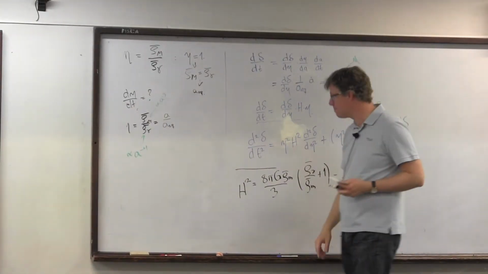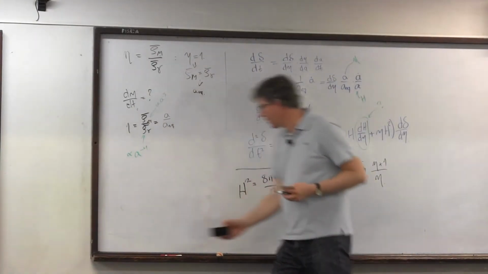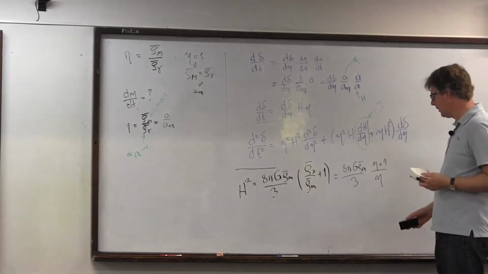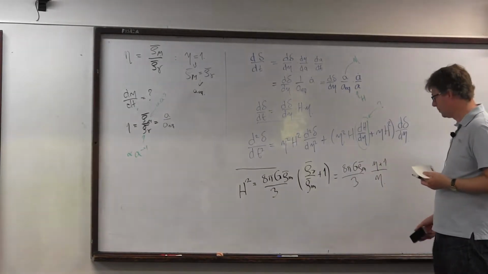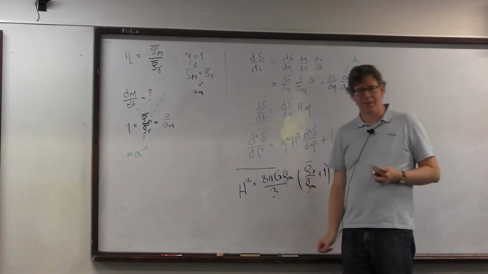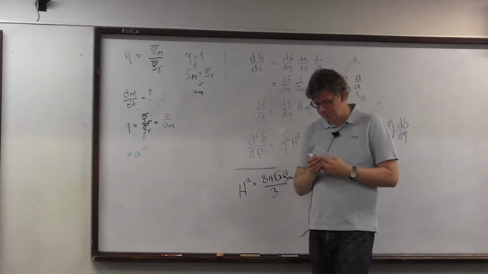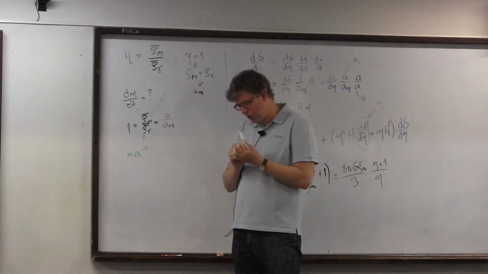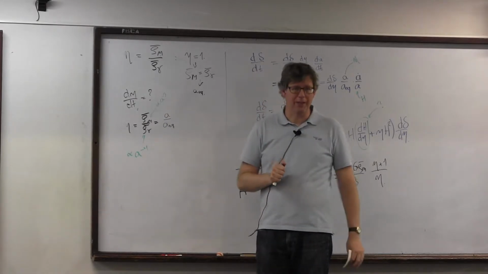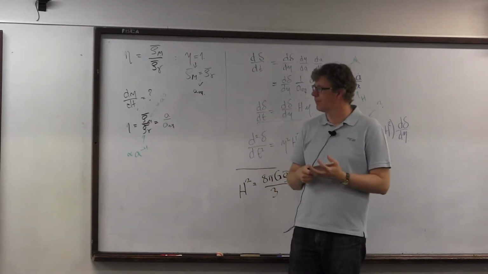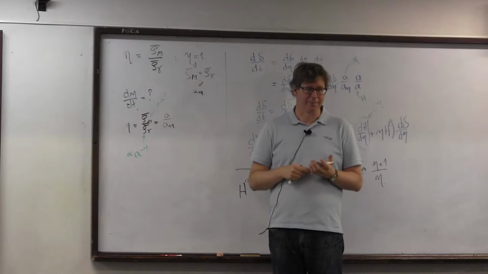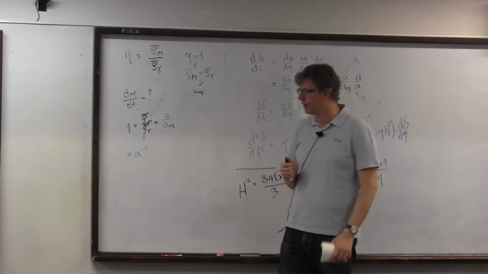M is matter, yeah. Matter is the combination of baryonic and dark. So what I'm doing here is actually only using dark matter. Only dark. Okay.